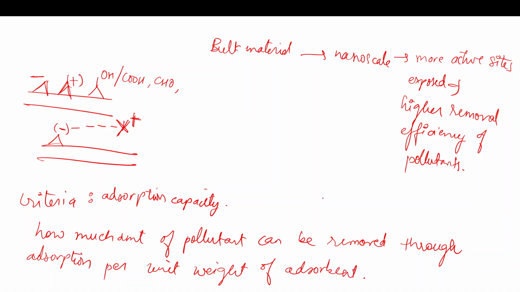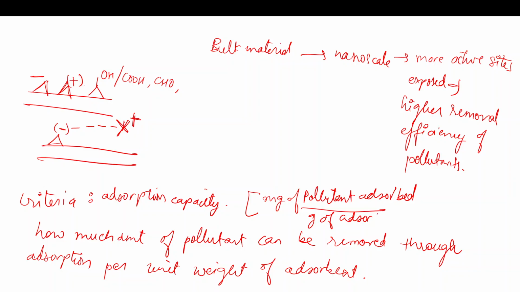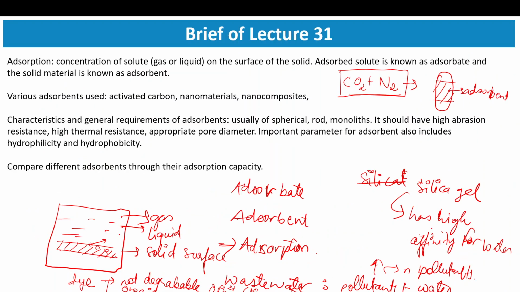So usually you measure it in terms of milligrams of pollutant adsorbed per unit gram of adsorbent, right? So that is nothing but adsorption capacity.